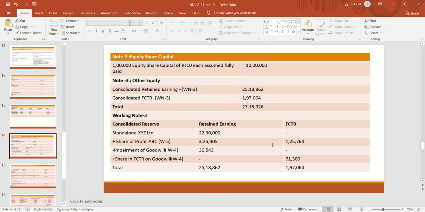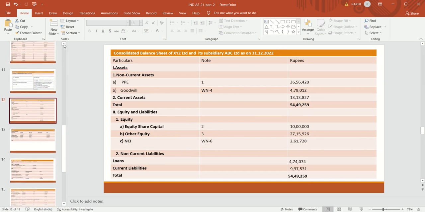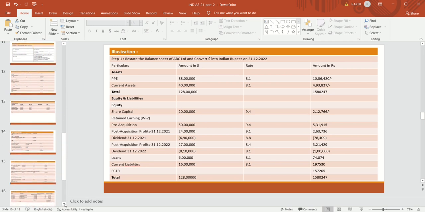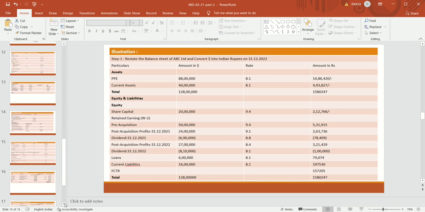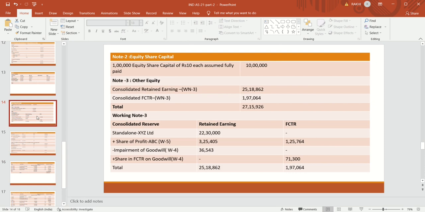Then FCTR, that is the translation of dollars into Indian rupees, the FCTR which is 1,57,205. We will divide that into the interest of holding and minority, means non-controlling interest, that is 80% and 20%. So 1,57,205 into 80%, which gives 1,25,760.